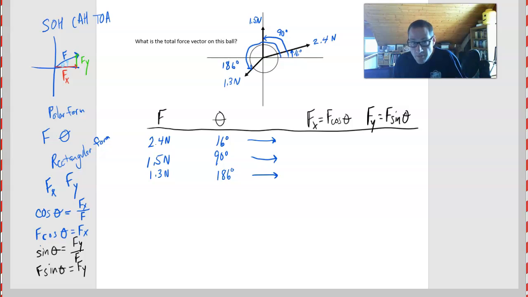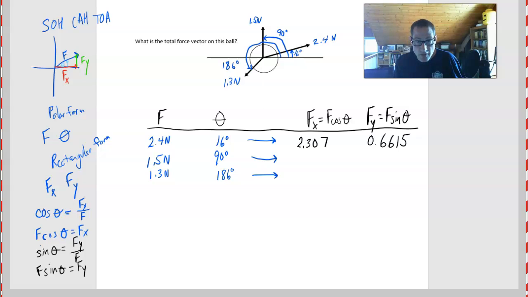So I'm just going to write in 2.307. I think I'll do that many digits for now. There are more digits I could put in there. And then f sine theta: sine 16, multiplied by 2.4, gives you 0.6615.